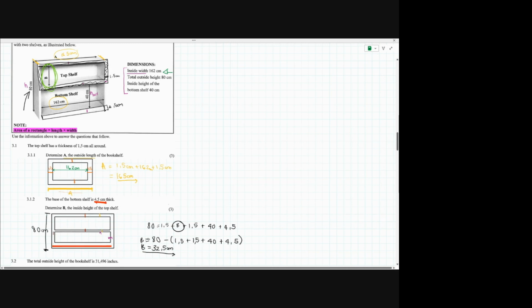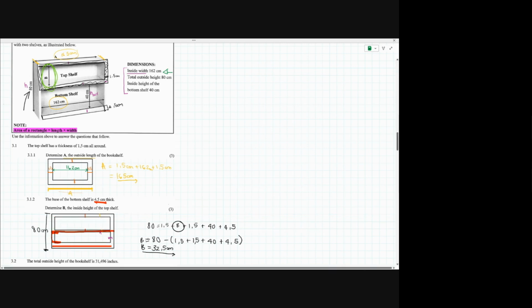It includes this entire bottom shelf. It includes the thickness of the wood in the middle of the two shelves. It includes the thickness of my shelf at the top, and it includes the thickness of my wood at the top. Okay, so all of those little thicknesses, all of those little widths essentially need to add together and give me 80. If I add all of those things up, I must get 80.